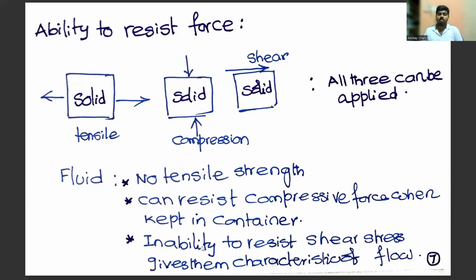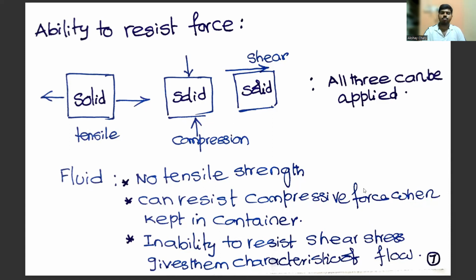Next, inability to resist shear stress gives them the characteristic of flow. As discussed earlier, when shear force acts on the fluid, it deforms. That means when shear force is applied, it starts flowing.